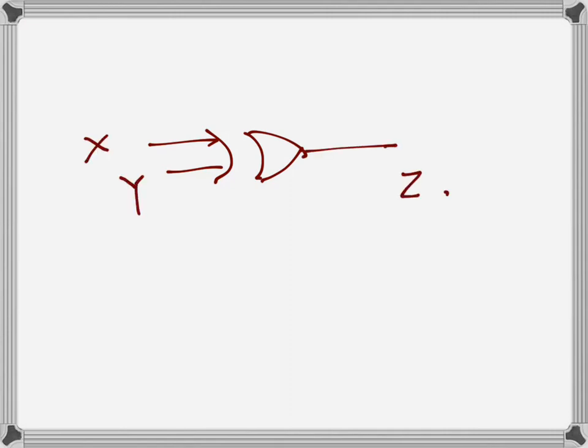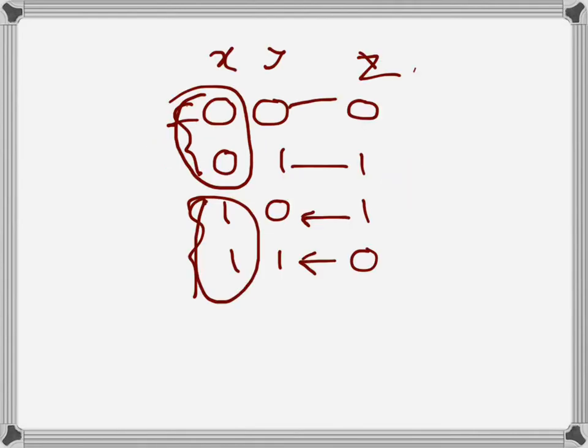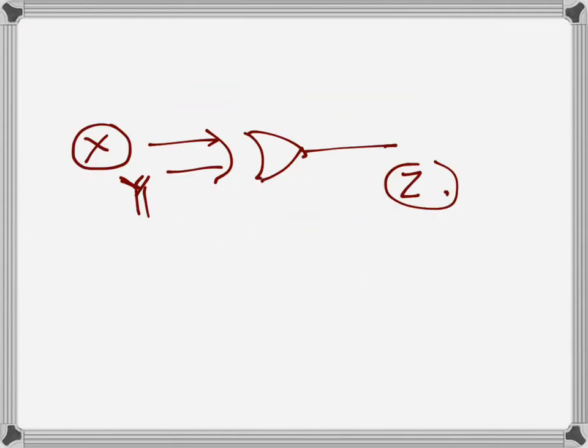So if we think of the gate as this XOR gate, and this is our X, this is our Y, this is Z here. X can be thought of as a controller of a controlled inverter. Y is the input of the inverter and Z is the output. When X is 0, this is not working as an inverter, it is just a buffer.